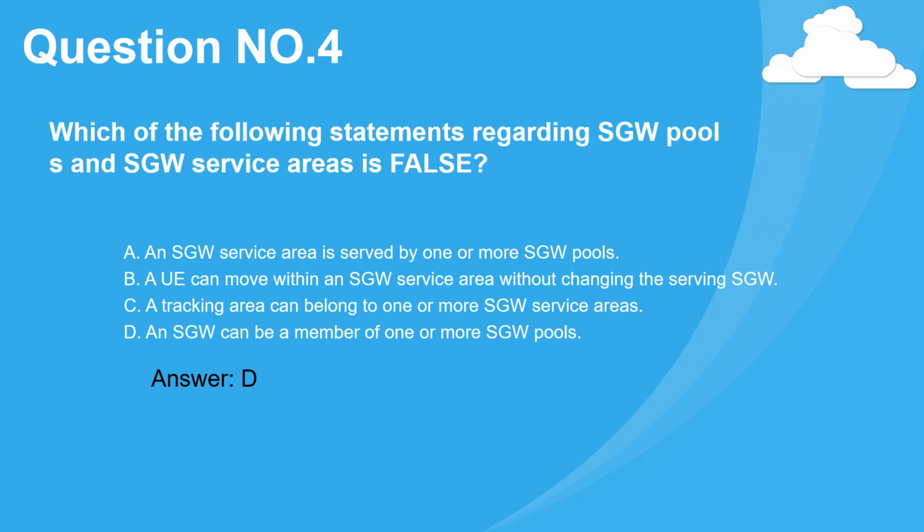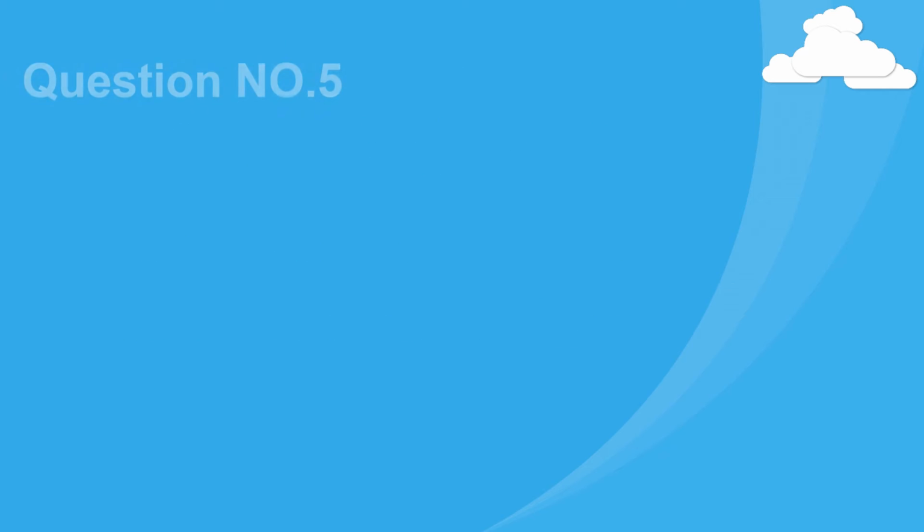B. A UE can move within an SGW service area without changing the serving SGW. C. A tracking area can belong to one or more SGW service areas. D. An SGW can be a member of one or more SGW pools. Answer: D.